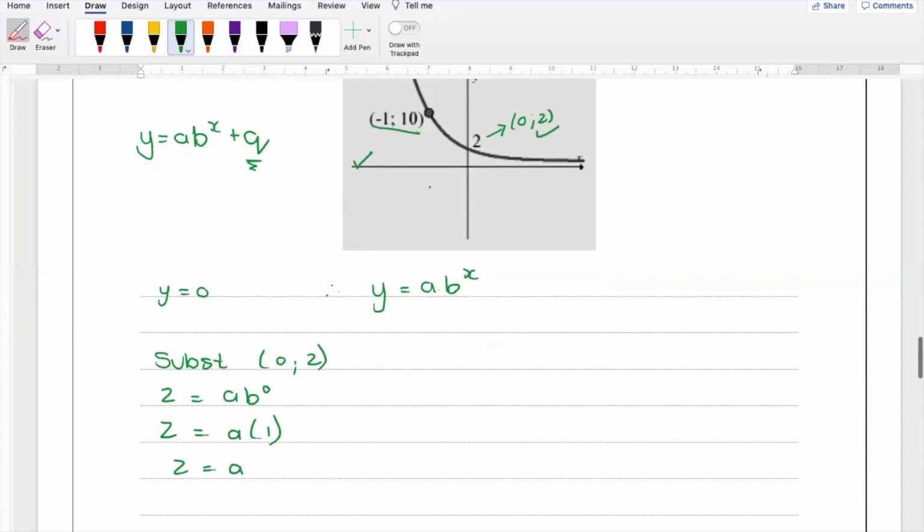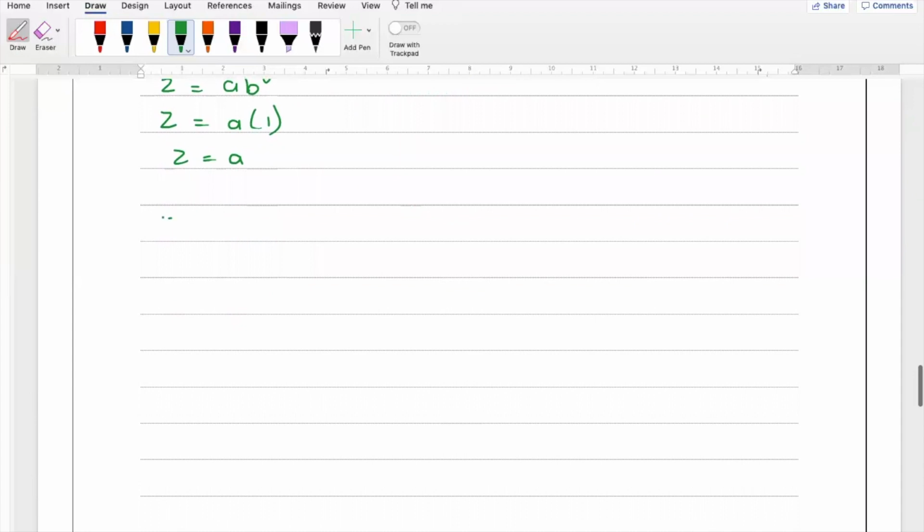Let's use the last one, minus 1, 10. So let's substitute minus 1, 10. Now, because we know that our a value is 2, we can actually write our equation as y equals 2b to the power of x, again, plus 0, because we know we've got no q value, or a q value of 0 rather.